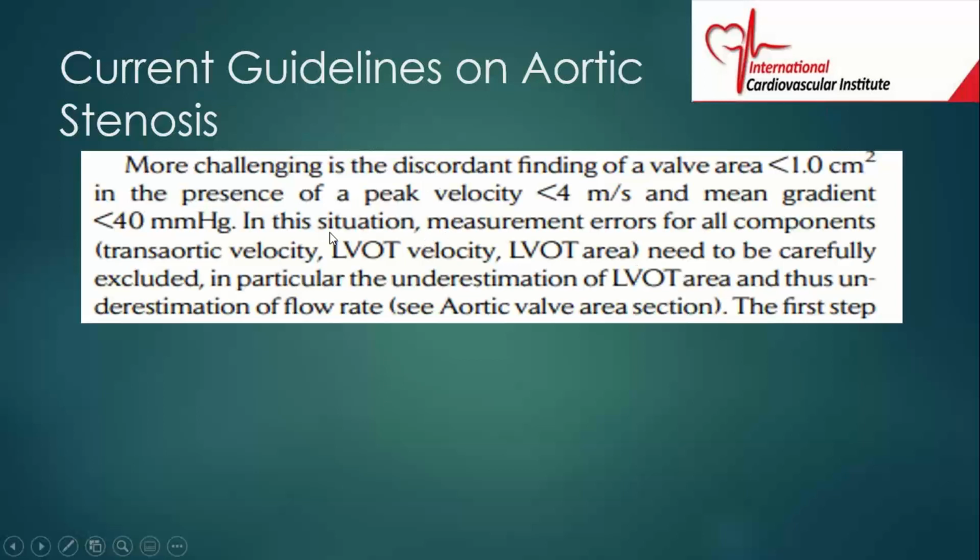Because if you just use a window where the angle theta, which is the angle that the ultrasound beam makes with the moving blood, is significant because of where you're taking your sample, then you're going to get a velocity and a gradient that is not accurate. So when you do your studies, do them from multiple windows, okay?